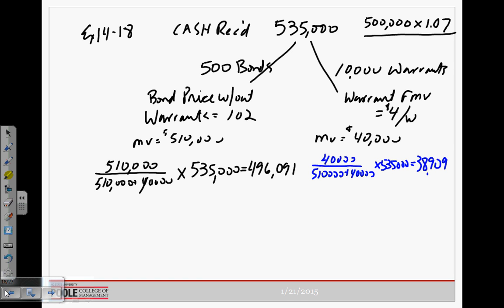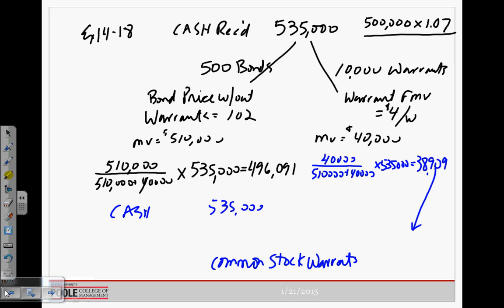Together those add up to 535. So the important thing is I get cash of 535,000, and I get common stock warrants, and those common stock warrants are 38,909.